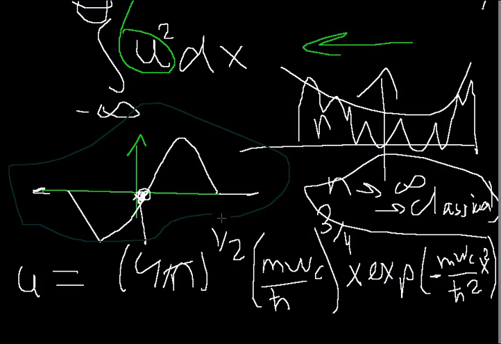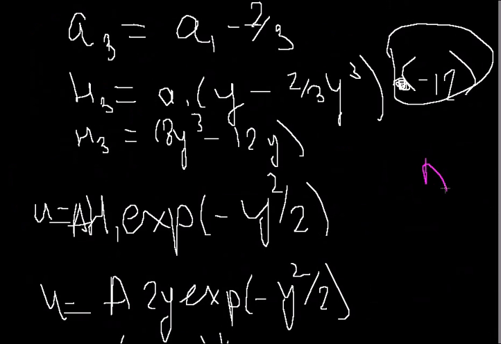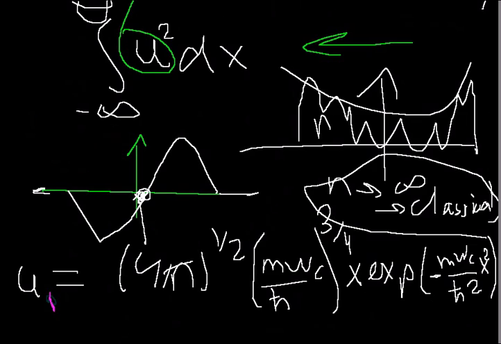And from this method we can find all functions for different n, and the different n define these functions and the probability of the particle to be displaced at some space distance.